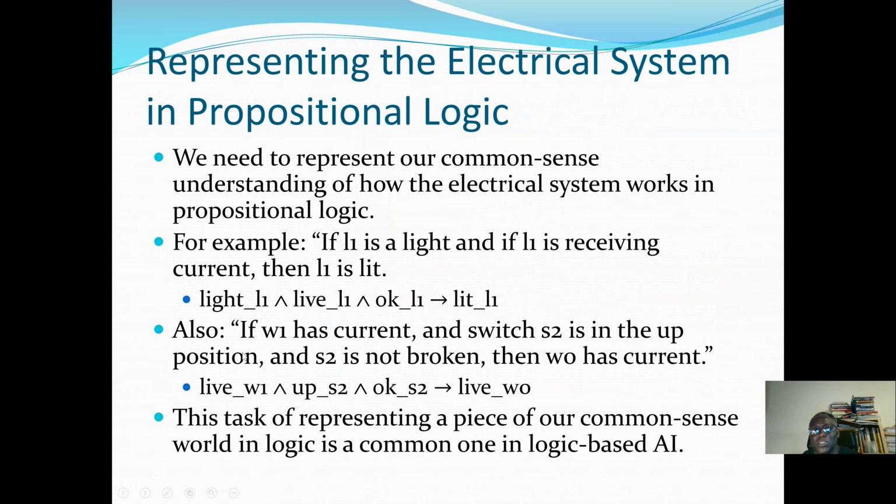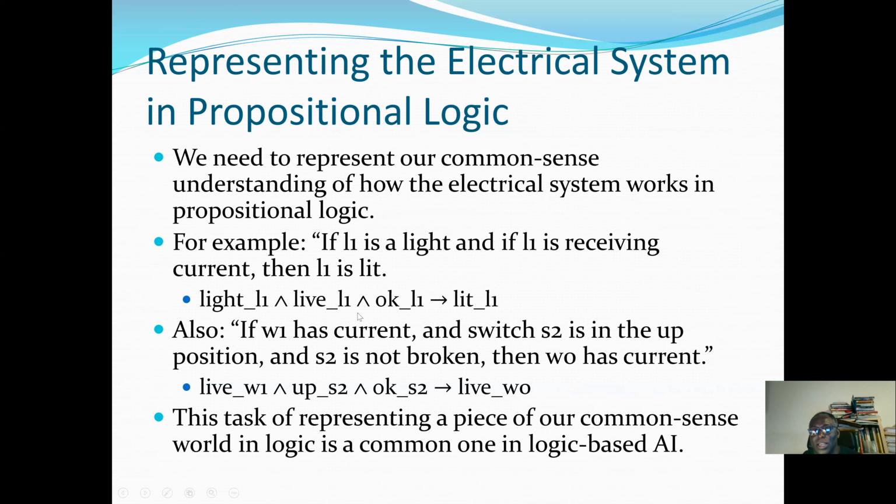Then the next one says that if W1 has a current and S2 is in the up position and S2 is not broken, then W0 has a current because the switch is closed between W0 and S2.